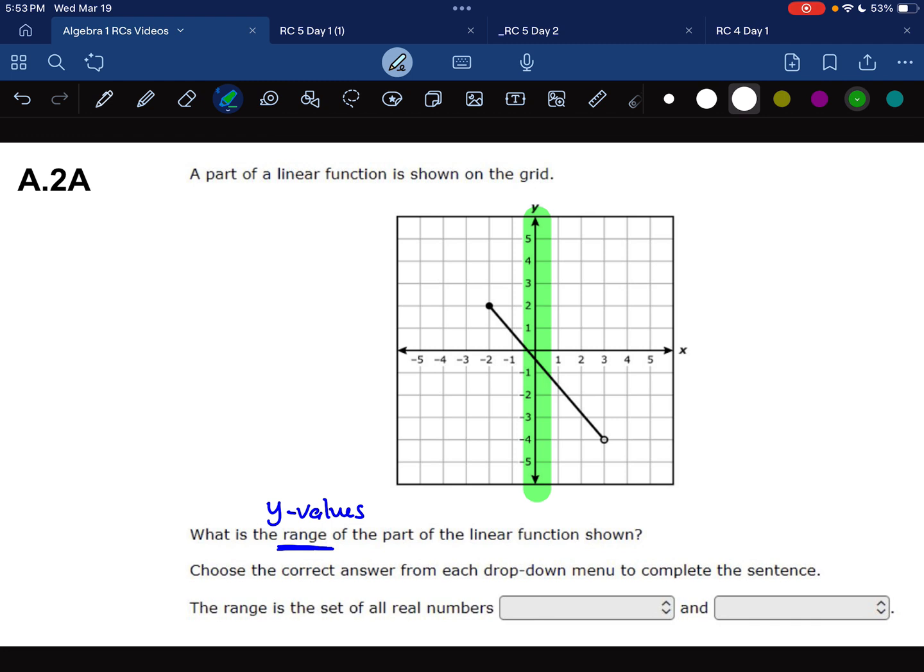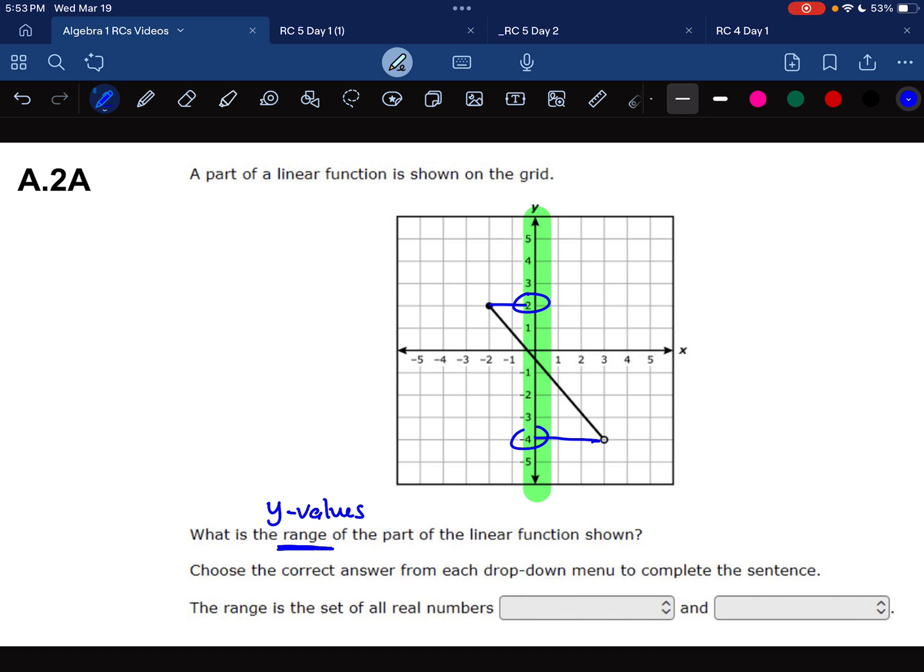That means I'm following my function from the lowest to the highest. I'm looking for the lowest value for my Y to the highest. All right, so I'm going to connect my line. Negative 4 and 2.